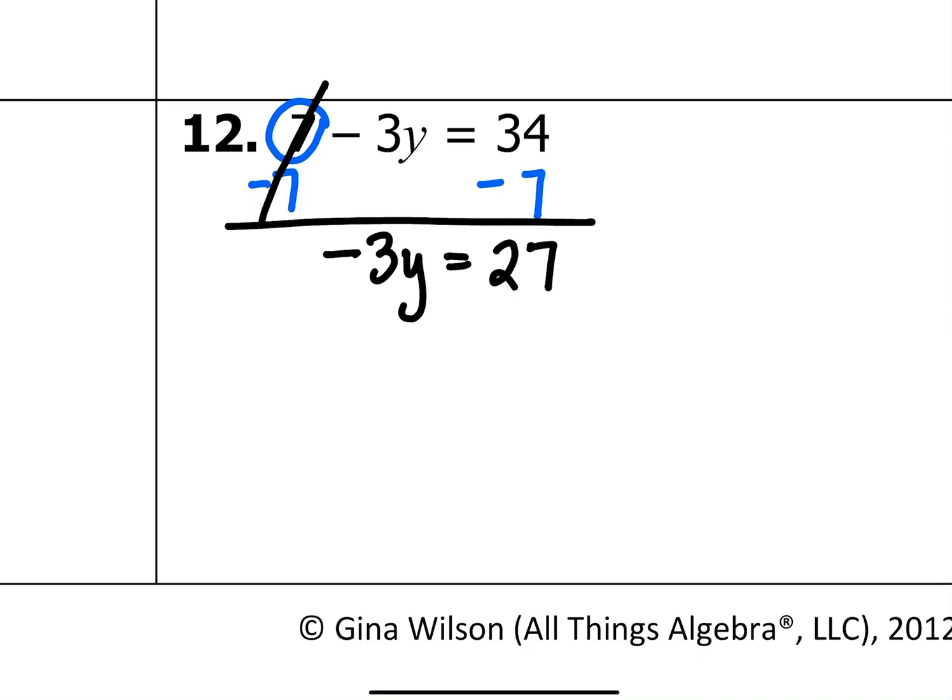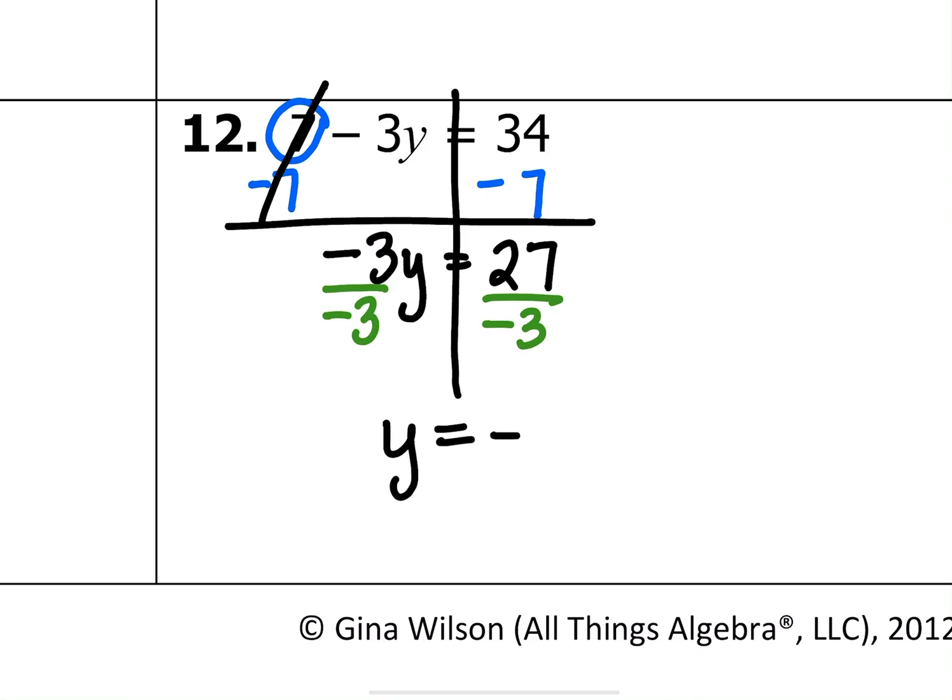I felt like that's what it should be. Sorry. So now I have a coefficient of my variable that I've got to get rid of. This negative 3, I'm going to divide because we're undoing multiplication by division. Right? Add my little wall. So y equals negative 9.